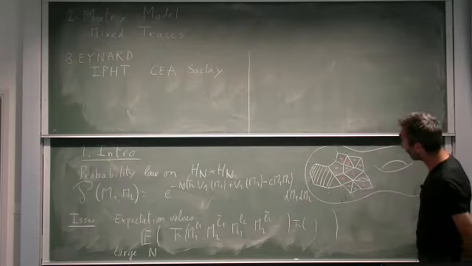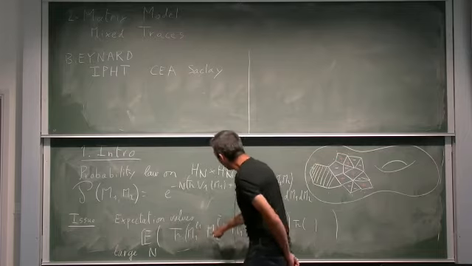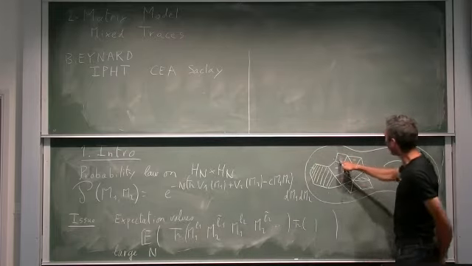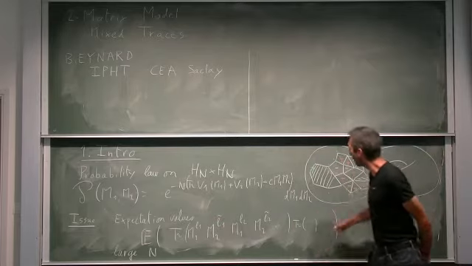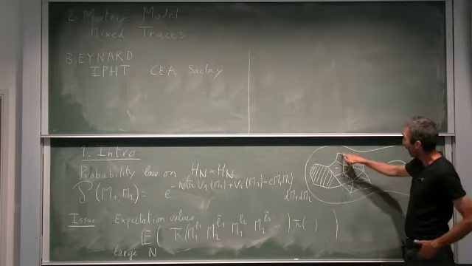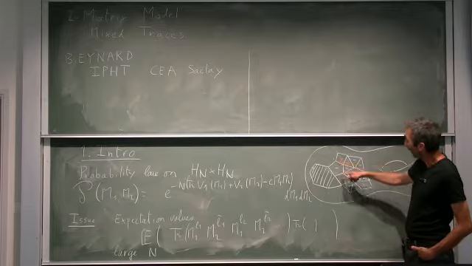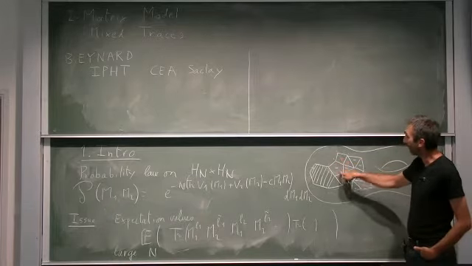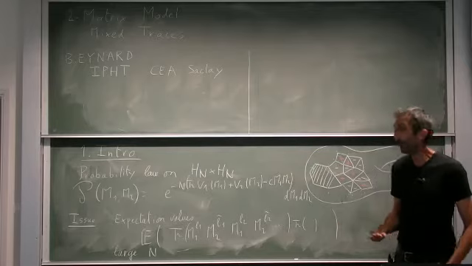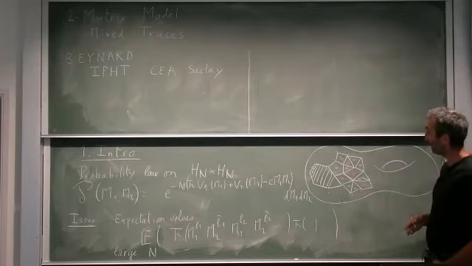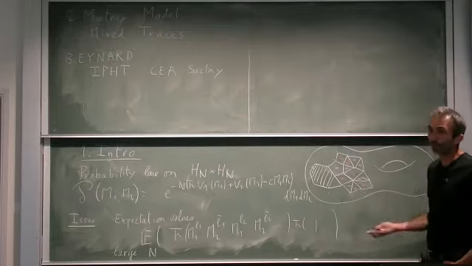But here, since we have two matrices, each matrix is related to a certain type of faces on the maps. Typically, M1 will be related to faces carrying a plus, and M2 will be related to faces carrying a minus. Or we can say it's a two-color, plus or minus, and instead of colors we like to call them spin, plus or minus.